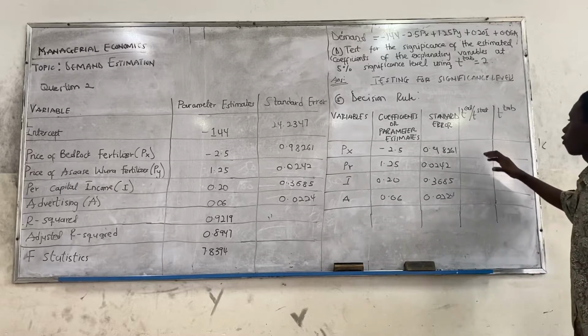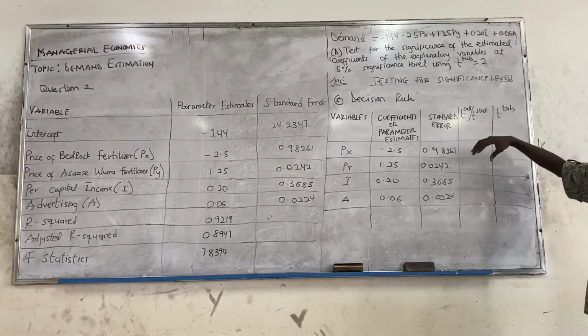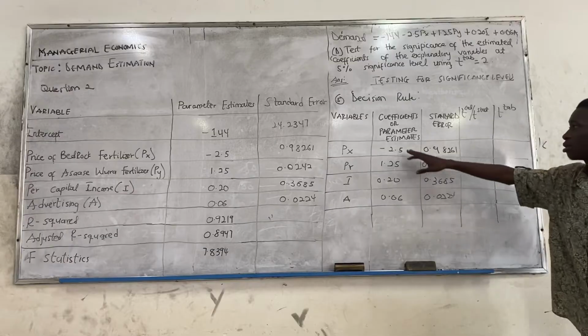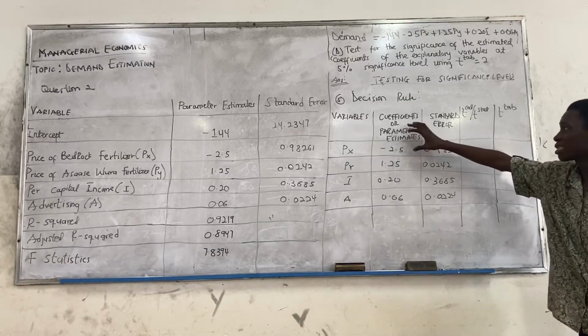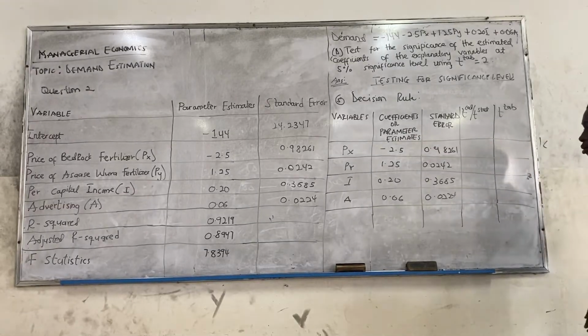To calculate the T cal or the T statistic, we divide the coefficient or parameter estimate by our standard error.